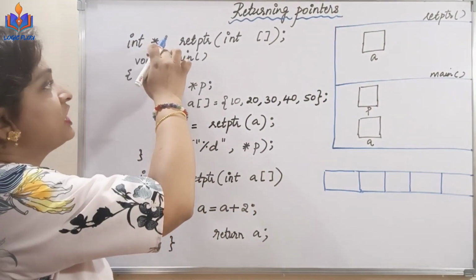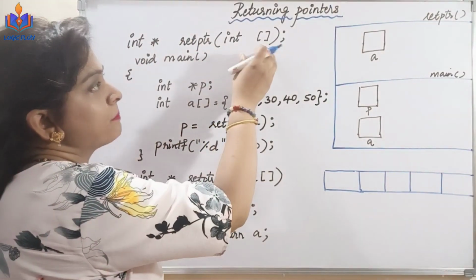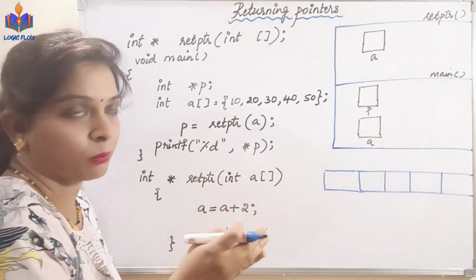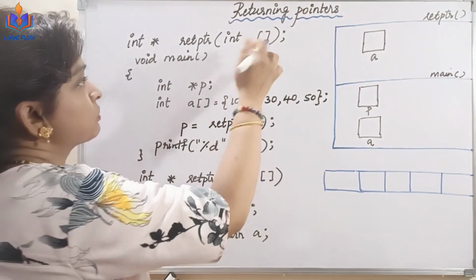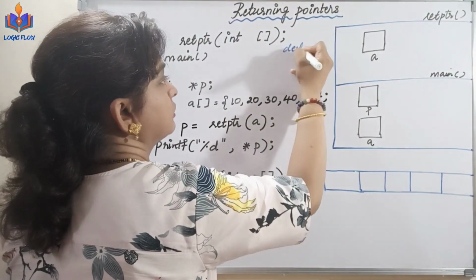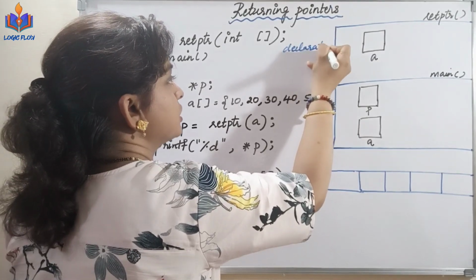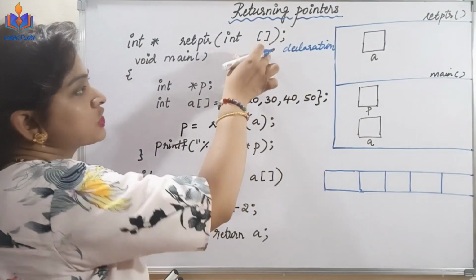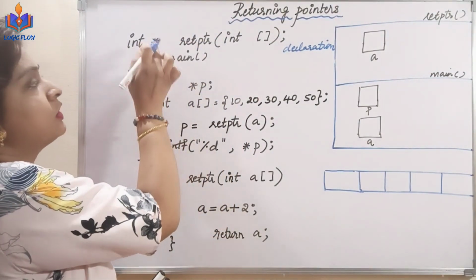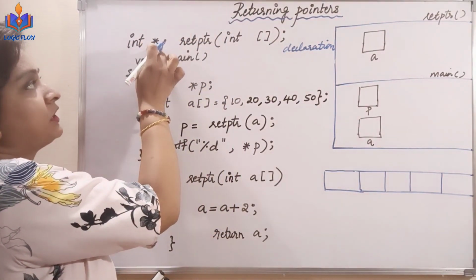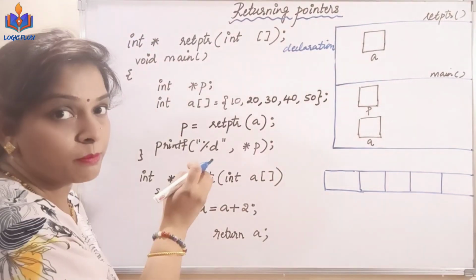So I say integer pointer. Then I am passing an array as the argument. It is sufficient if you just mention the subscript. So this is the function declaration. In the function declaration, I am passing an array and I am returning an integer pointer.